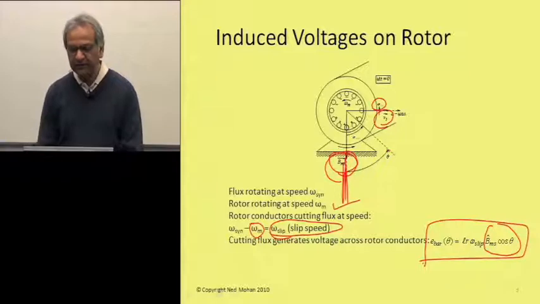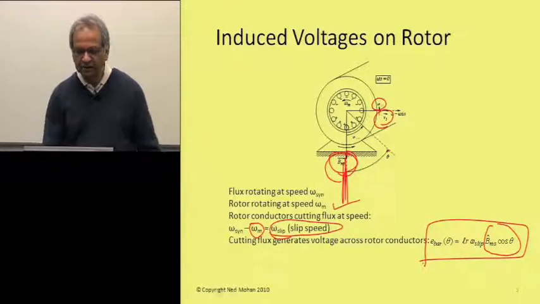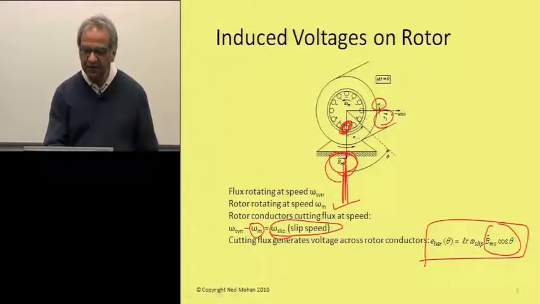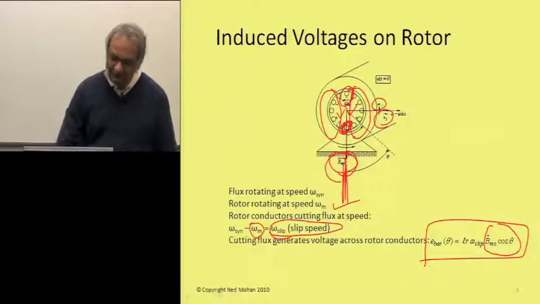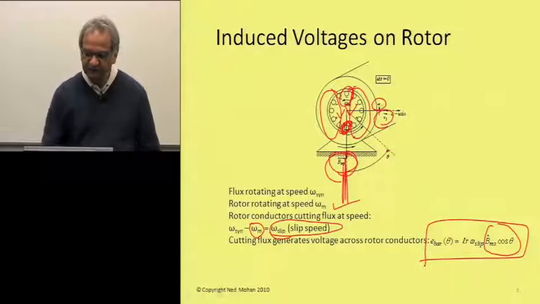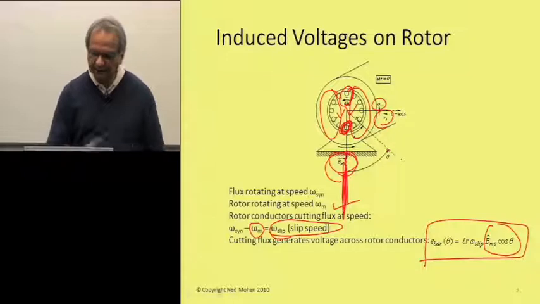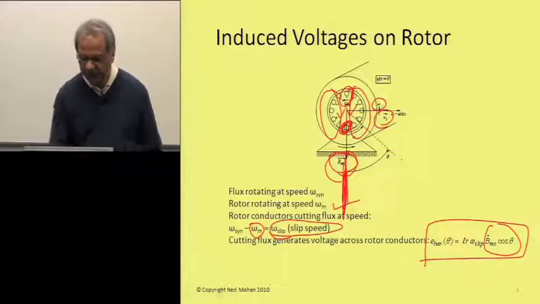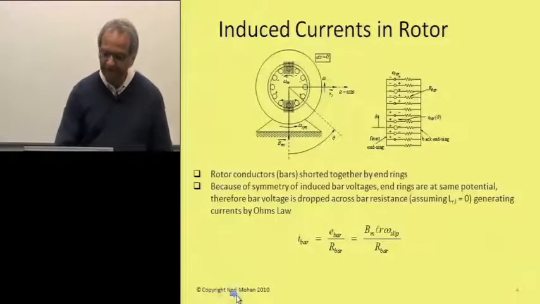You can see in this picture that this bar and this bar are under the maximum flux, so these two bars would have the maximum induced voltage, and the bars away from this axis will have cosinusoidally smaller induced voltages.